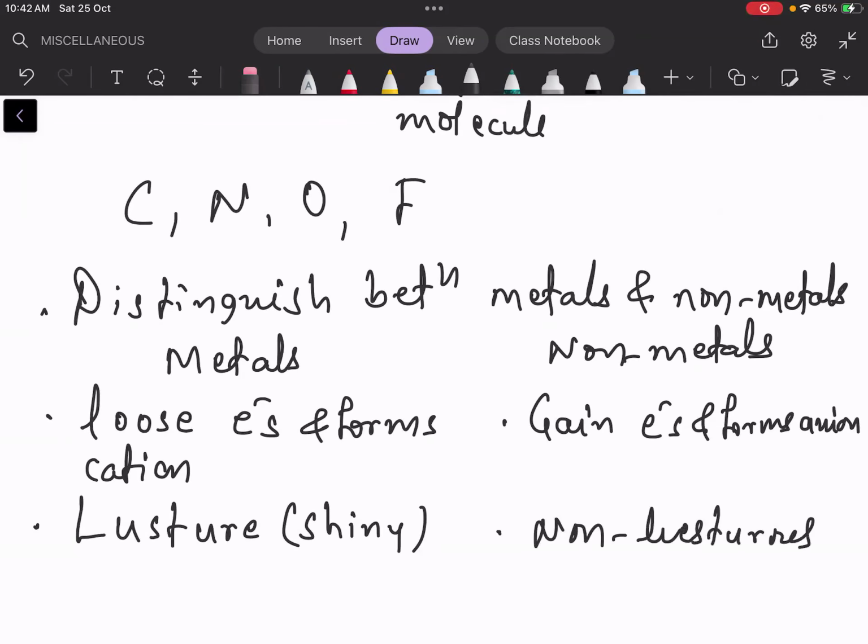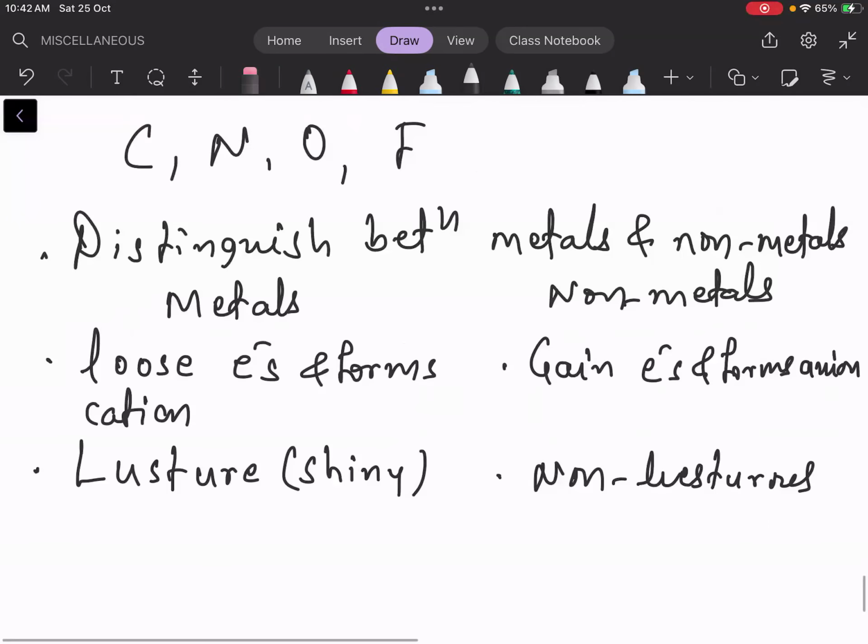Non-lustrous. That is, they do not show a shiny surface. The next, metals, whenever hammered, get converted into thin flat sheets, and that is called malleability. Malleability means whenever metals are hammered, they get converted into thin flat sheets, and that property is called malleability.